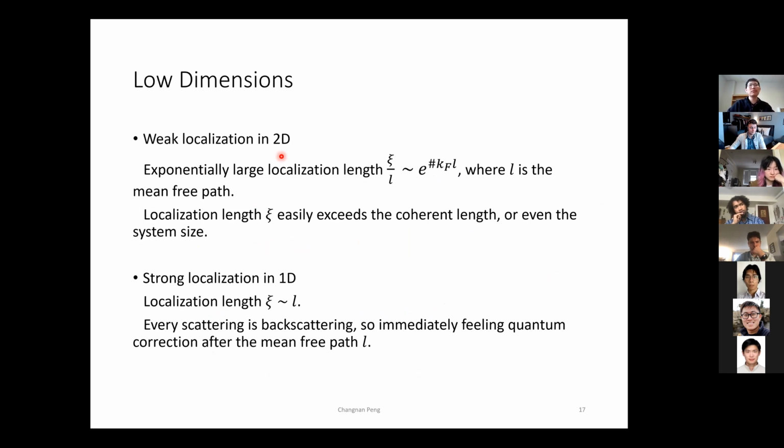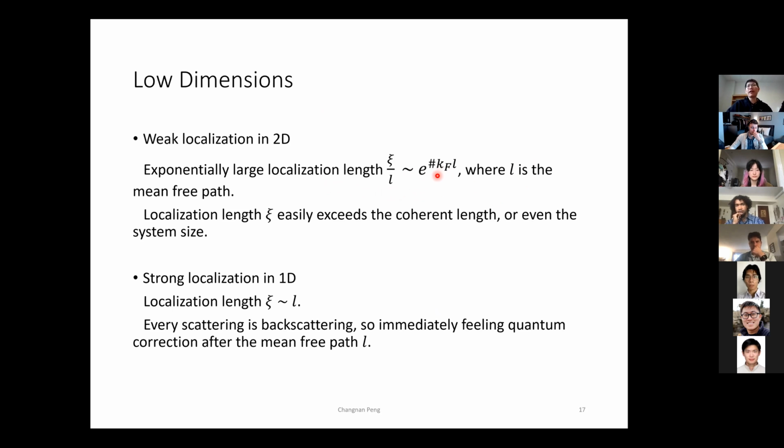So in low dimensions, in 2D, the weak localization means the localization length is actually exponentially large. It has a form like e to the some number times kF times L, where L is the mean free path between two scatterings and kF is the Fermi momentum.